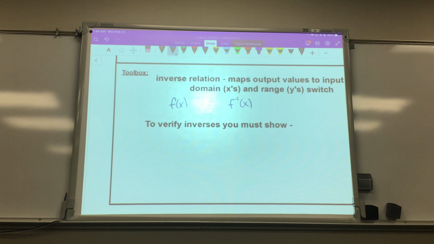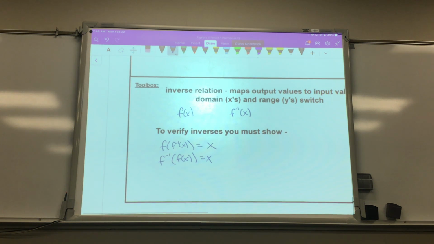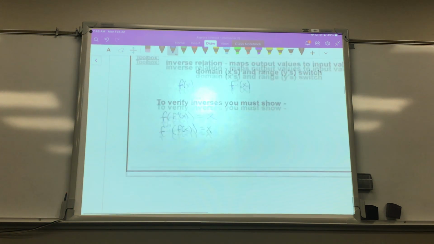You'll see that here in a minute. So, f of f inverse of x should equal x, and then the opposite should also equal x as well. That verifies that they are inverses.